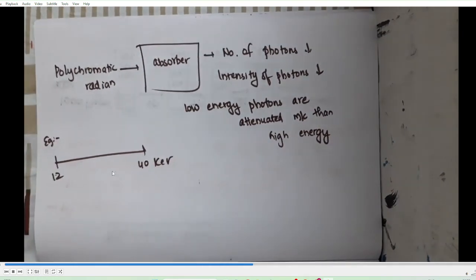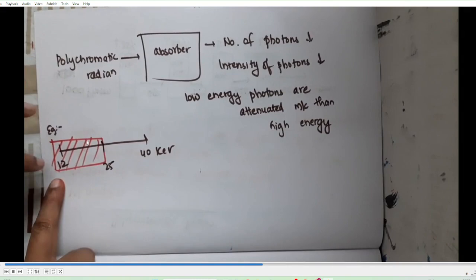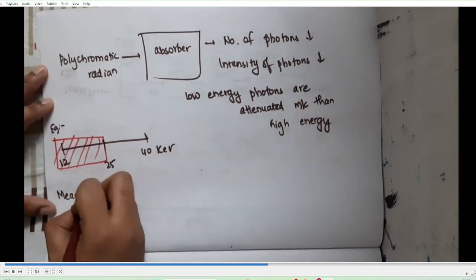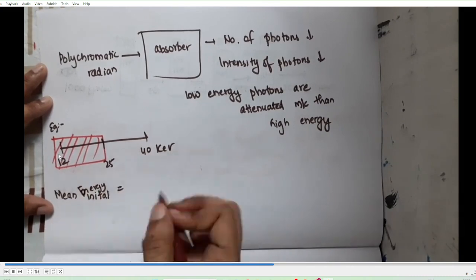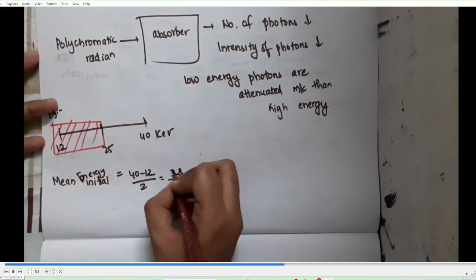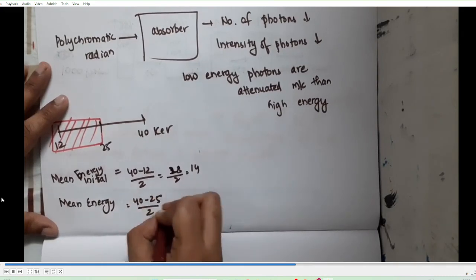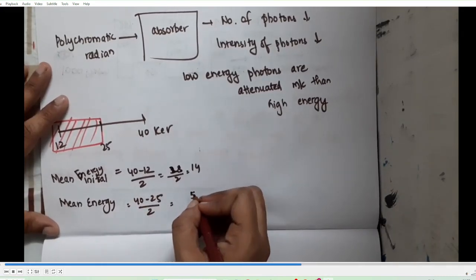So for example, if 12 and 40 are the energies, lower energy photons are first attenuated by the absorber, so from 12 to 25 they are attenuated. Now the mean initial energy is 40 minus 12 by 2, which is around 38. Whereas the mean energy of the final is 40 minus 25 by 2.